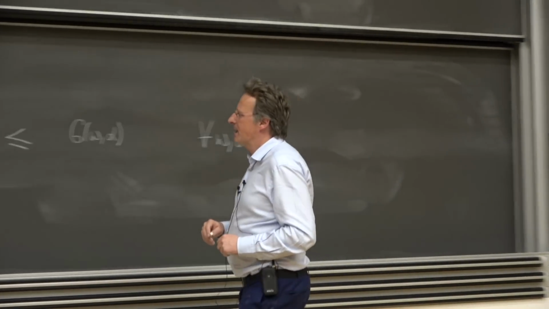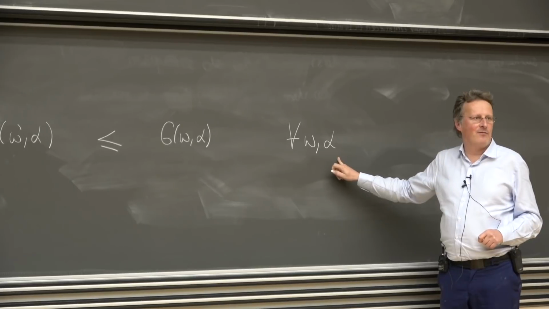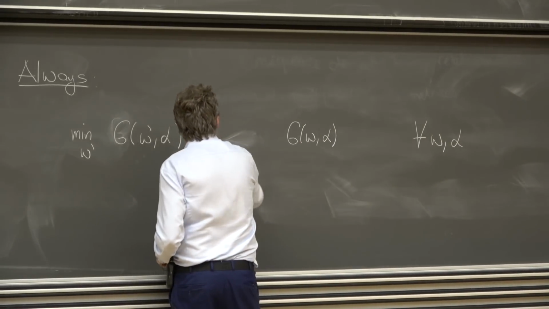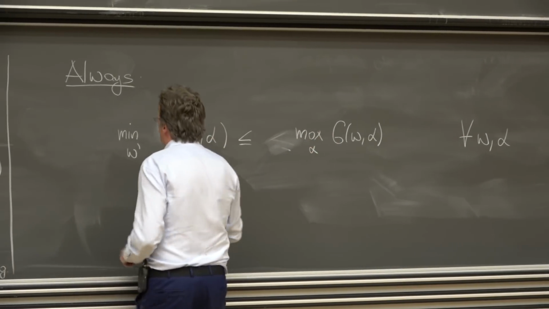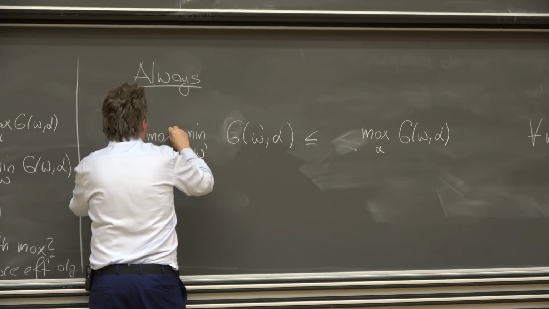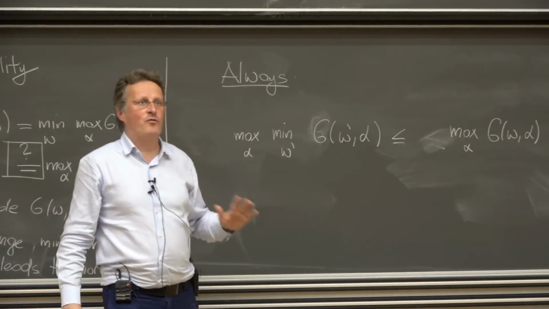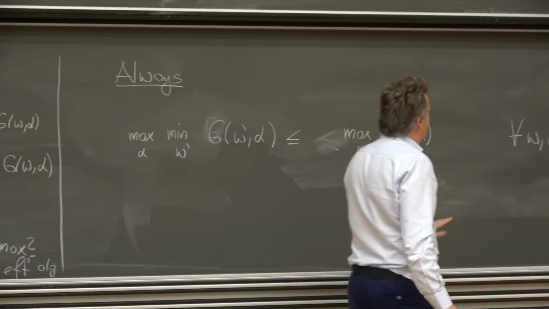Next, this is true for any W and for any alpha. So what I can now do is maximize this over the alpha, and also maximize this over the alpha, since this inequality was true for any W and any alpha. For any fixed W, this is still true.